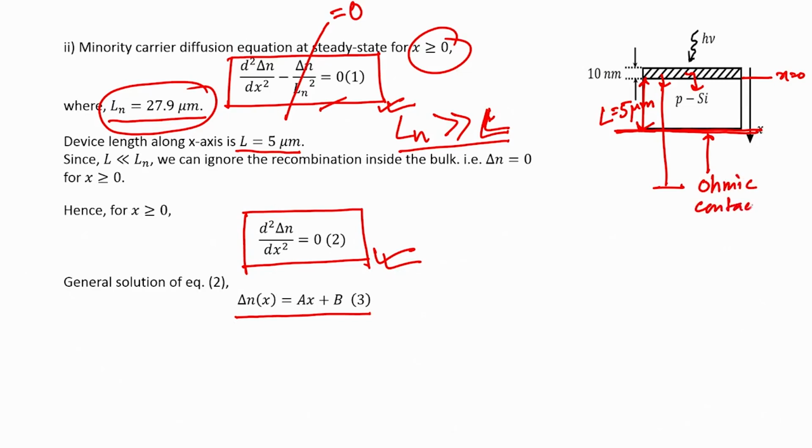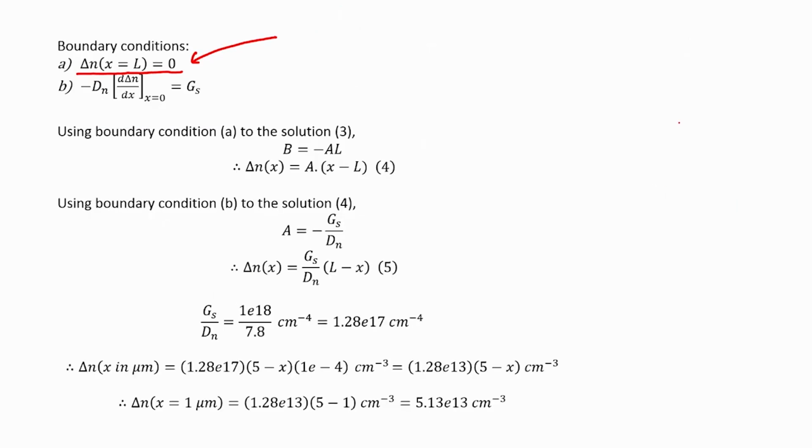This ensures that whatever excess electrons are coming at this point will be immediately removed by that electrode, so that thermal equilibrium condition can exist. So, your del n at x equal to L becomes 0 because of that perfectly ohmic contact.